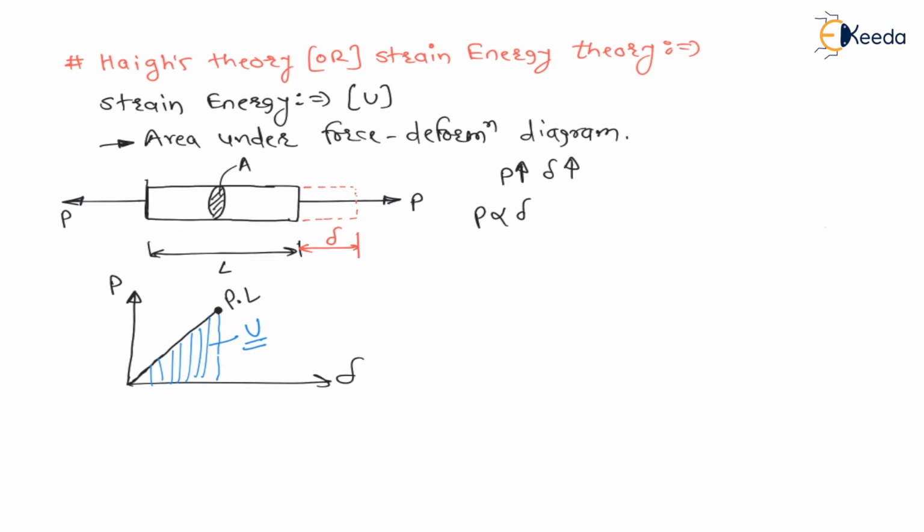Therefore strain energy is the area of a triangle with x coordinate delta and y coordinate force P, which is 1 half P delta. This is strain energy.